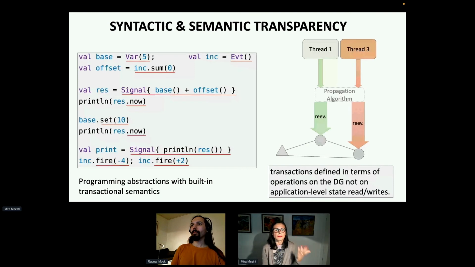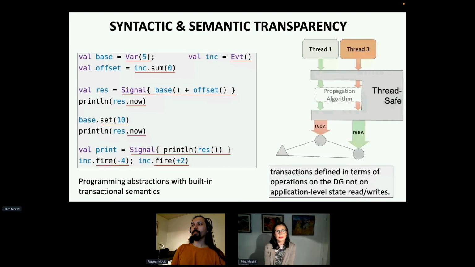That means I can replace the propagation algorithm with the thread-safe one that I just illustrated, and automatically all these APIs available to the developers, like creating a new signal, creating a new event, reading the value of a signal, or setting the value of a signal, are executed as if they were transactions.